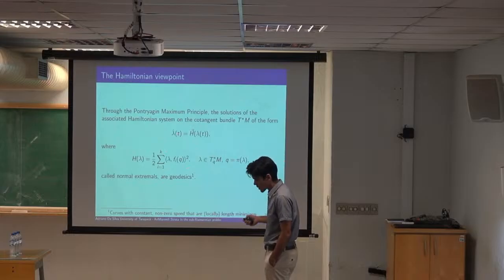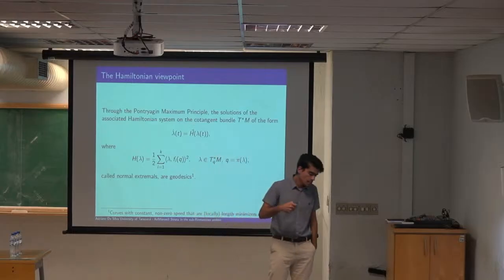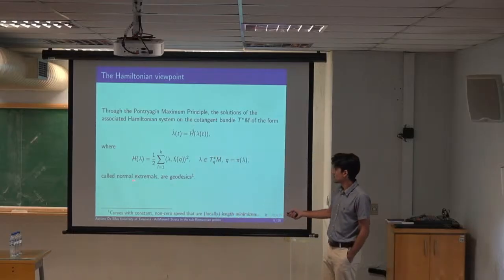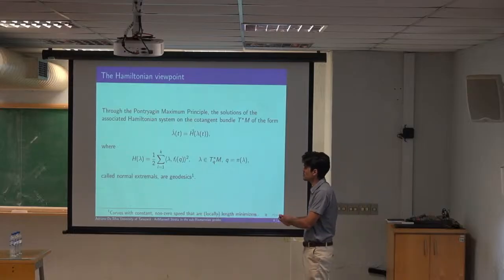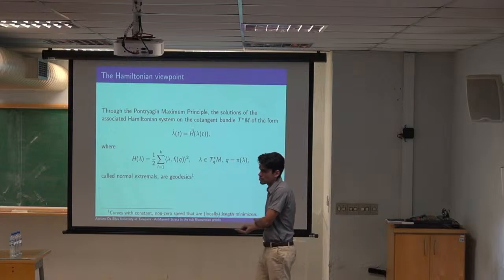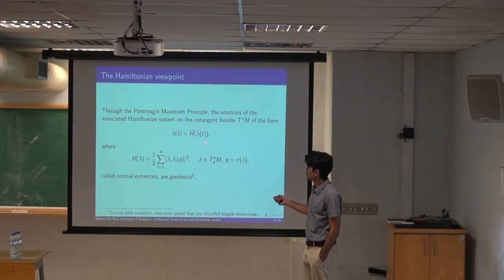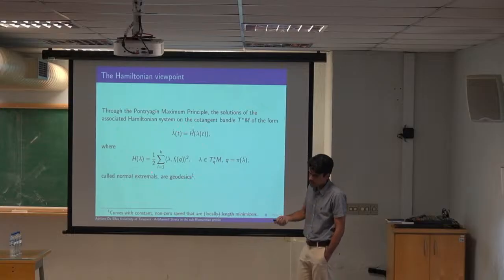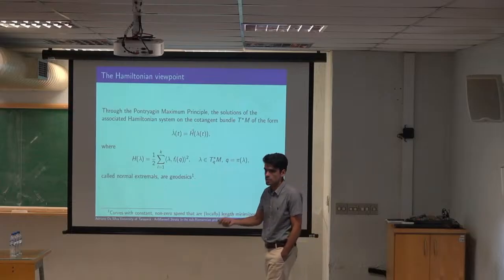And the reciprocal is also true, at least in this normal extremal case, which is the case we are interested in this presentation. The solutions here are in fact geodesics, in the sense that they have constant, non-zero speed and are locally length minimizers.